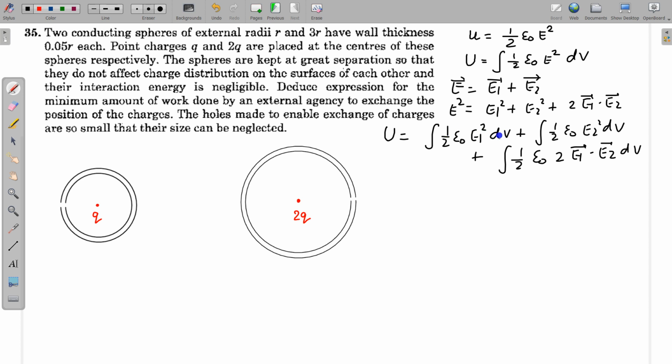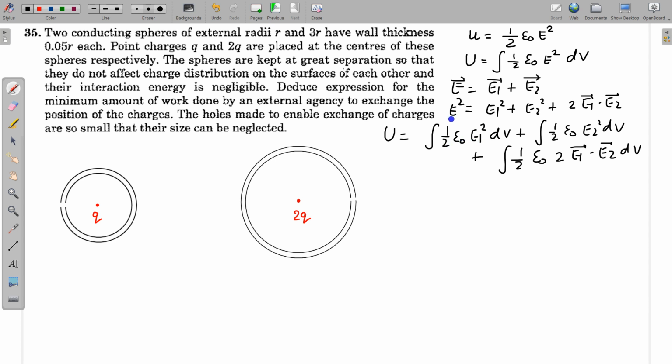In the first term only E1 is coming, due to source number 1 only. In the second term only E2 is coming, but in the third term E1 and E2 both are coming. So if we have to find the total energy stored in a region where two sources are creating electric field, there are three terms.